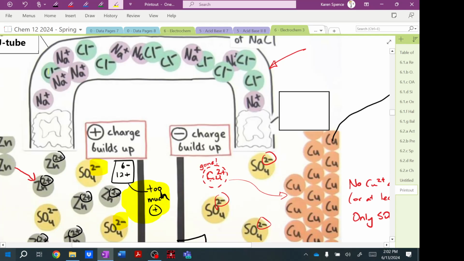We're going to take those chlorides from the salt bridge, and they're going to move in there to neutralize the extra positive charge.